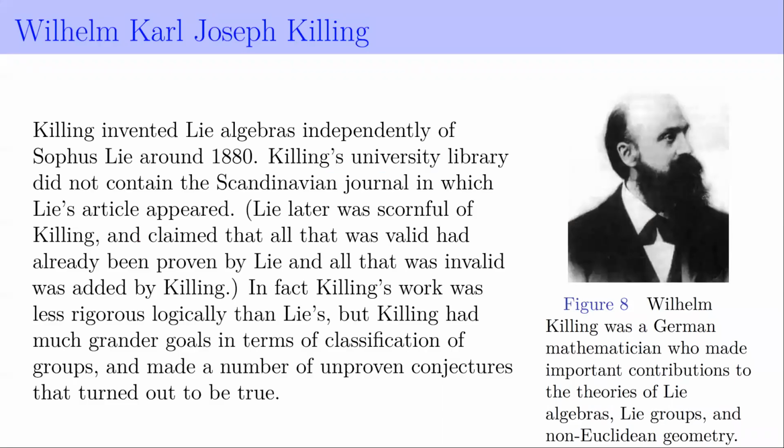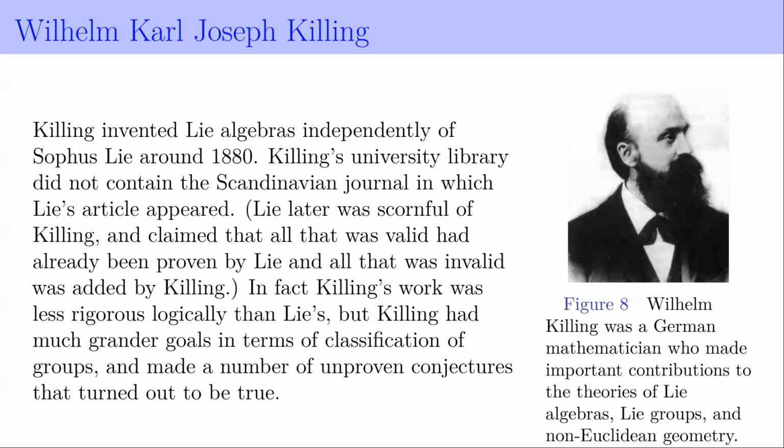invented Lie algebras independently of Sophus Lie around 1880. Killing's university library did not contain the Scandinavian journal in which Lie's article appeared. Lie was later very scornful of Killing and claimed that all that was valid had already been proved by Lie, and all that was invalid was added by Killing.